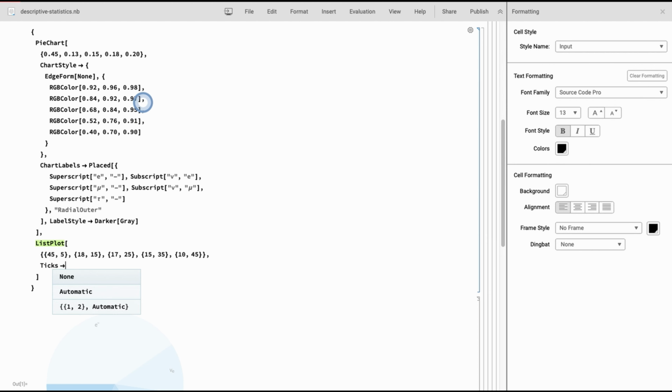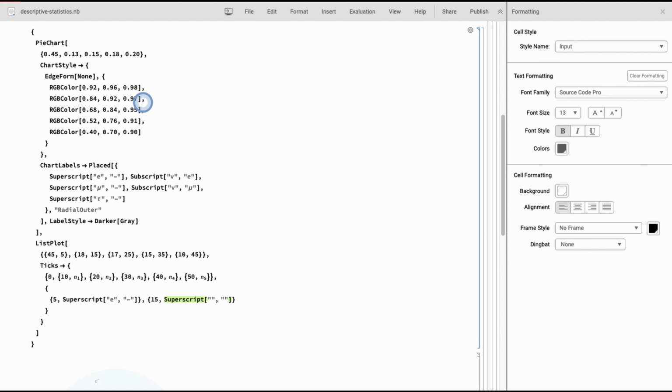Next, we just need to label the tick marks of the respective axes as follows. Starting with the x-axis, we're going to separate each of the tick marks by a distance of, let's say, 10 points. Then let's label the y-axis with the respective elementary particle name.